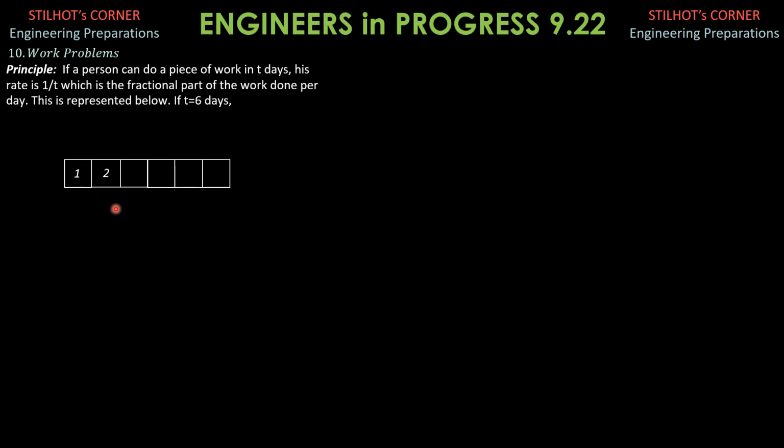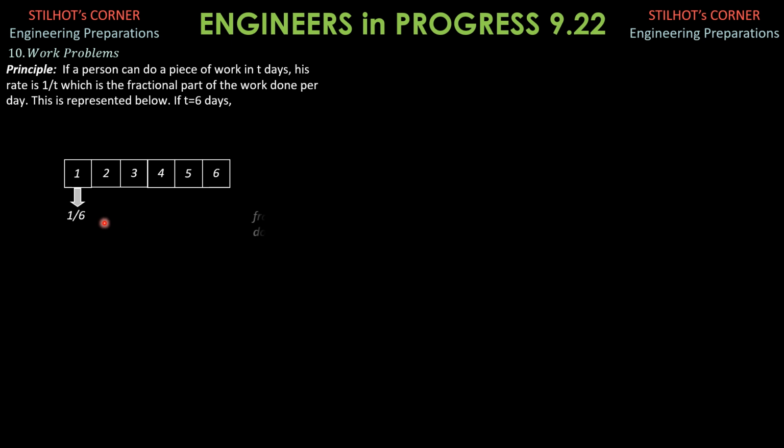So 1, 2, 3, 4, 5, 6. For the job to be completed completely, that person should work for 6 days because this is in days. So if he works only for one day, then 1 over 6 times 1 is 1 over 6.